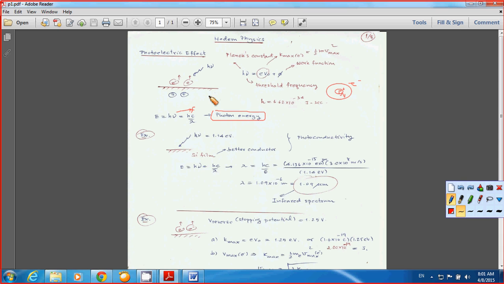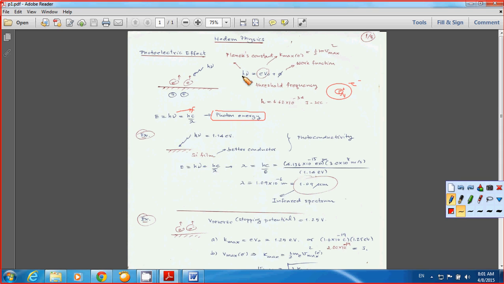So in real life, when you shine light on the surface of a material, electrons in the material are going to be excited. This means they have the freedom to move, and then what happens? You have the photoelectric effect. You have an equation.